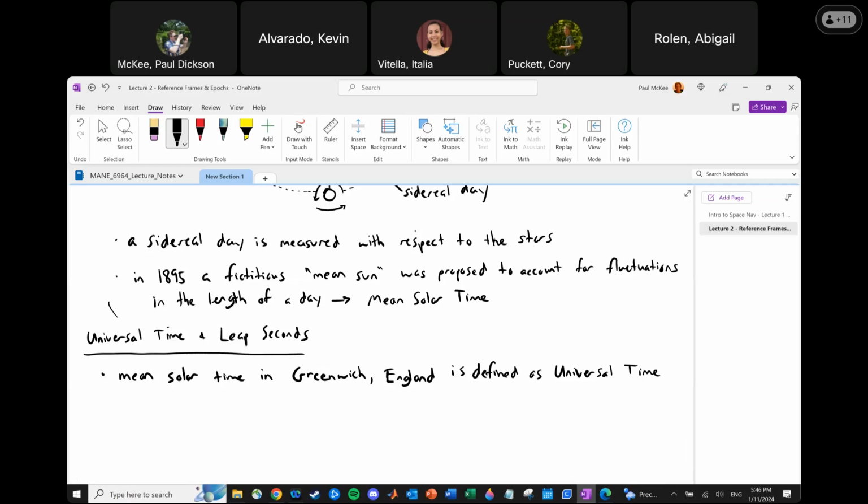Sorry, I got some stray marks here. There's one more step before we get to UTC. So you must further correct to account for Earth's polar motion, right? The precession of the poles.